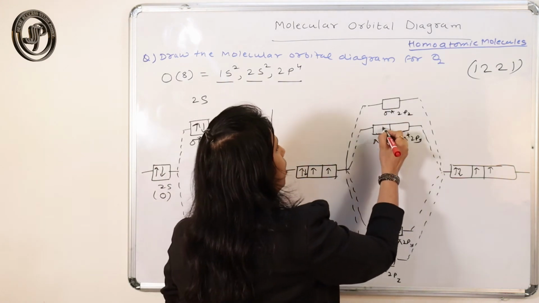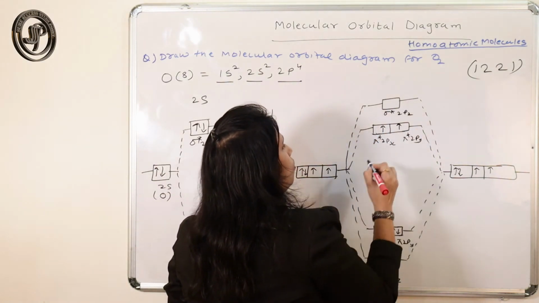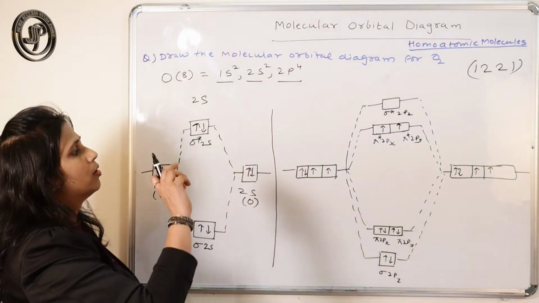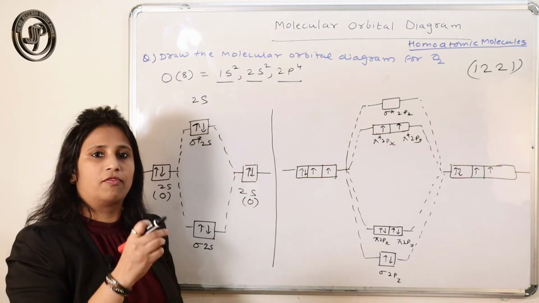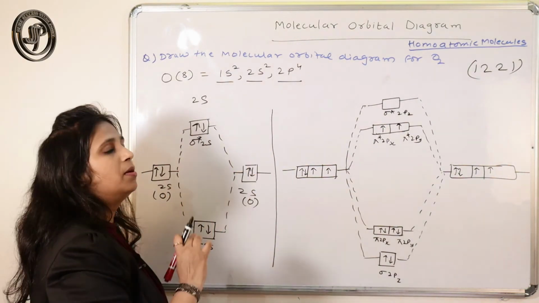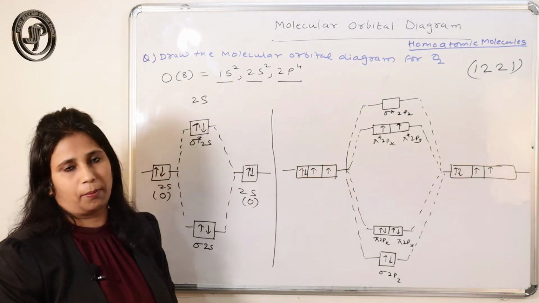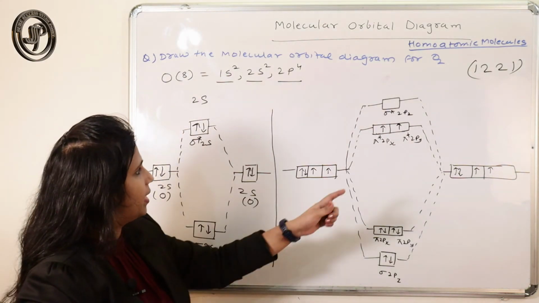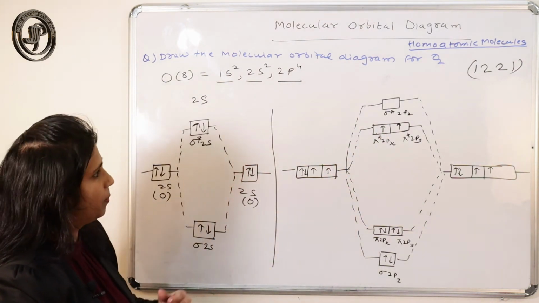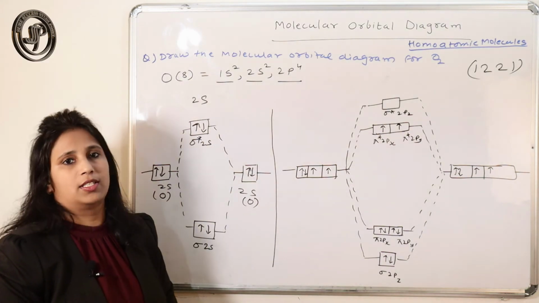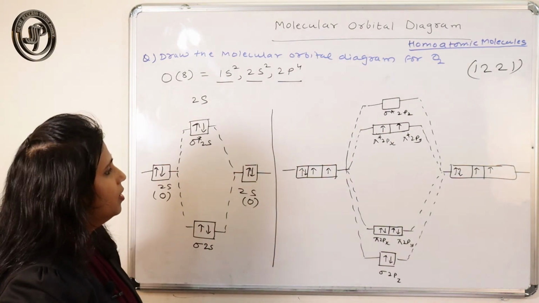According to the rule, if they have the same energy, first we have to make them singly filled, then the pairing will take place. Here we cannot do 2 and 0 because they both have the same energy level. So that is the diagram.